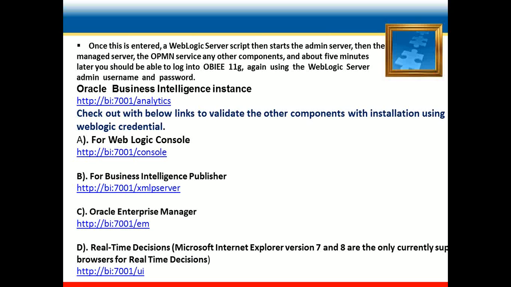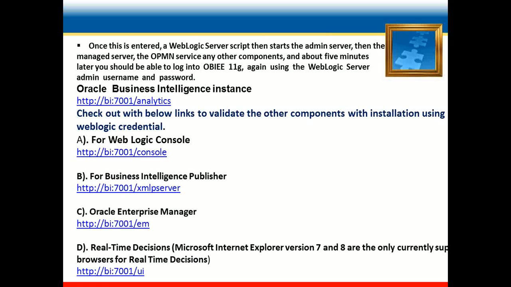We can also check the other validation links for the other components using the WebLogic credentials. That means the WebLogic console, whose URL uses the same 7001 port of WebLogic and console.